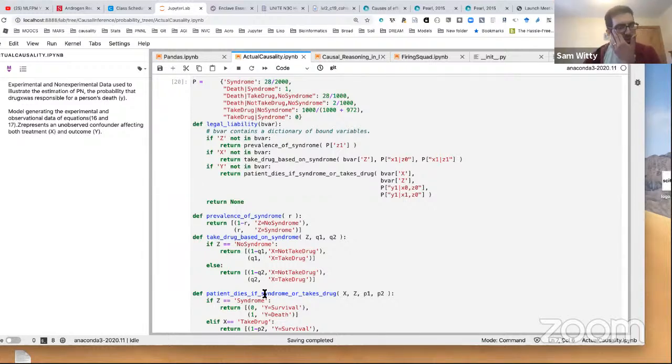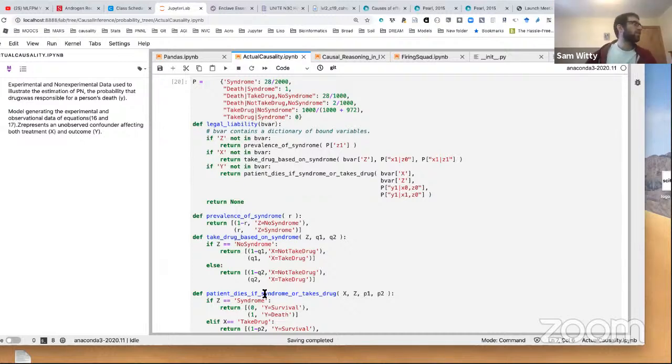I mean, maybe it's resolved just because we're in the binary treatment case, but it seemed really strange to talk about probability of necessity without considering all the other counterfactuals that we could be considering. So what other counterfactuals did you want to consider?